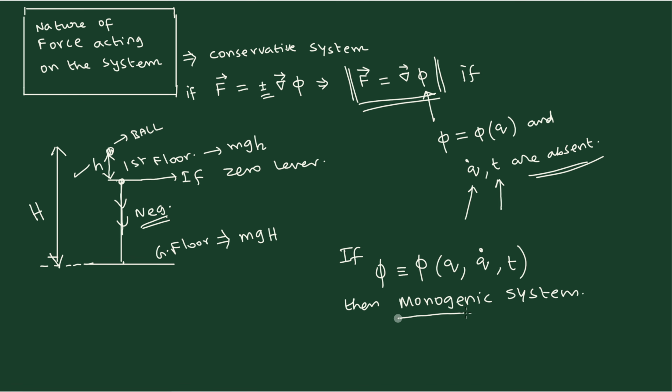So this particular terminology is important. Whenever a new term comes, you may think that it is something new and you don't know anything about it. It is not so. You already know the conservative system. It is the same conservative system, but you bring q dot and t also into the equation for the scalar.